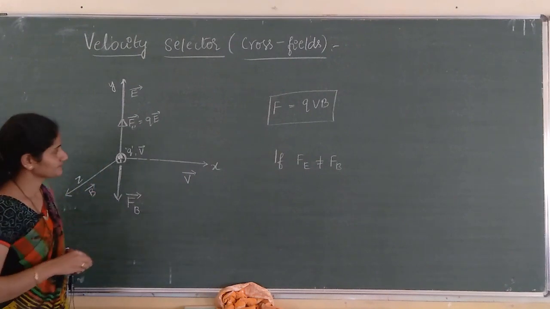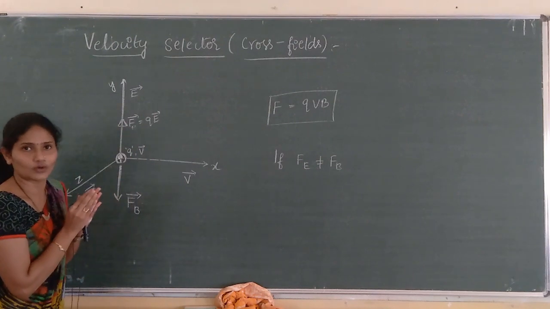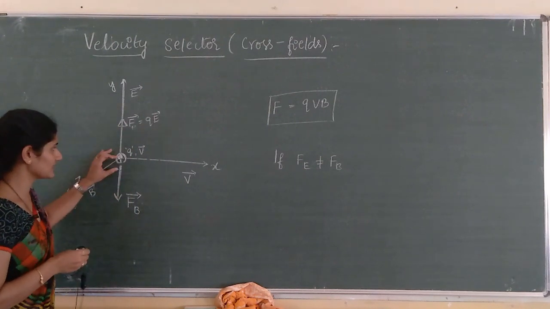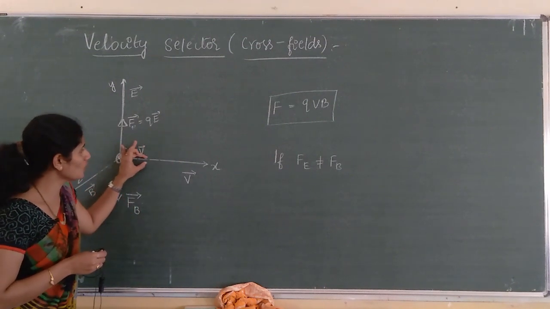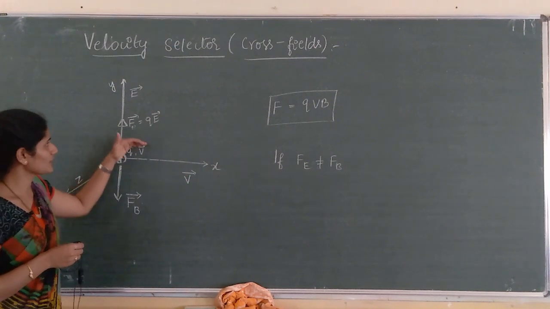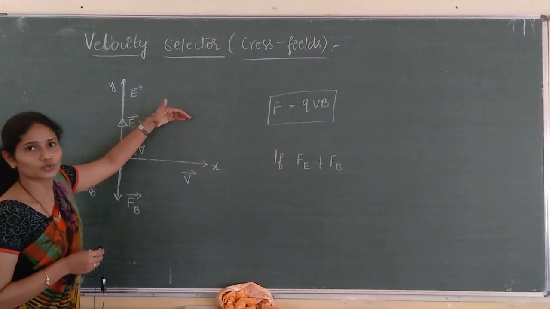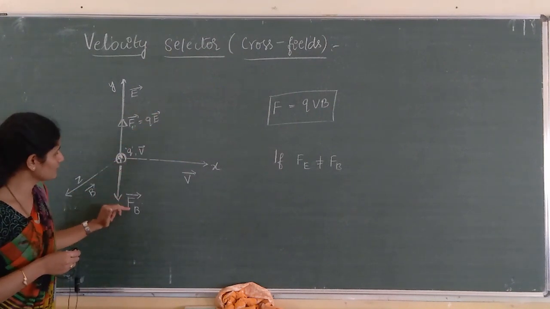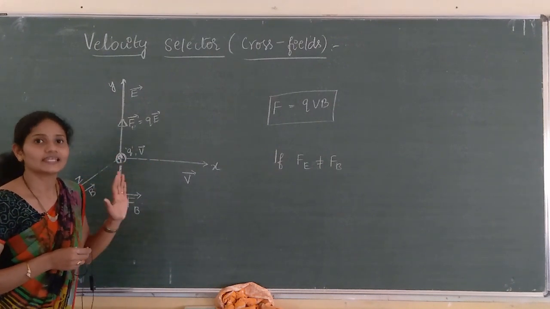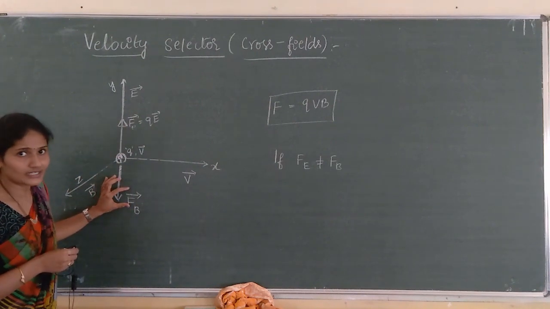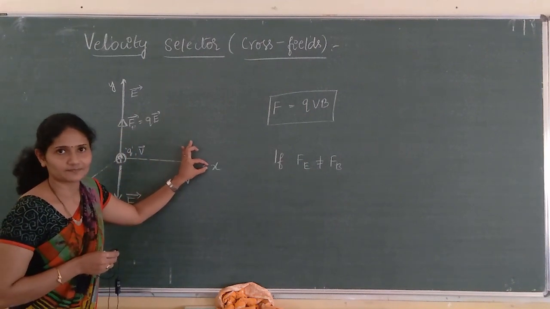If the magnitudes of FE and FB are equal, the charged particle will go undeflected, in a straight line. If FE is more, the particle will move towards the electric field. If FB is more, it will move towards the magnetic field. If they are equal in magnitude, it will move in a straight line.